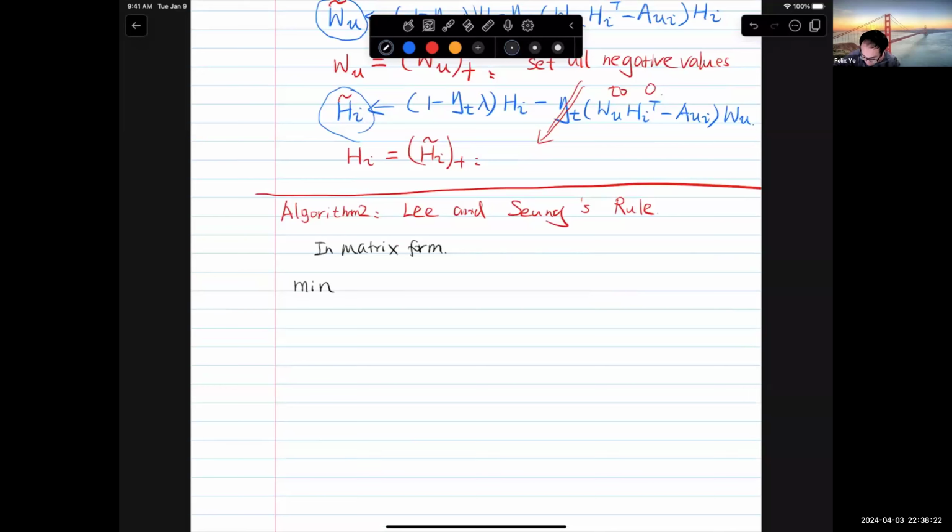It's the minimum over my W and H, where W is m times k and H is n times k. In terms of the matrix form, this is A minus WH transpose.